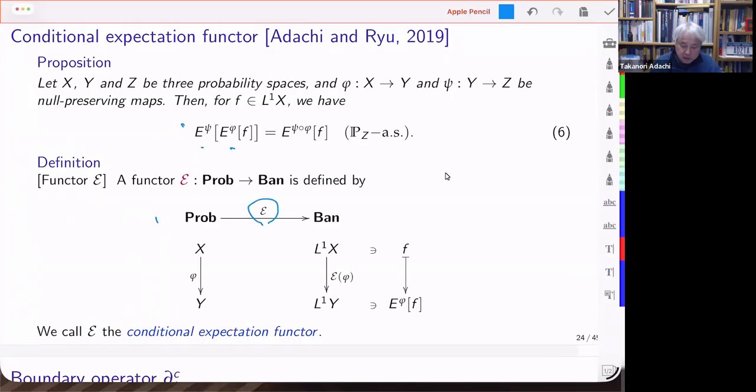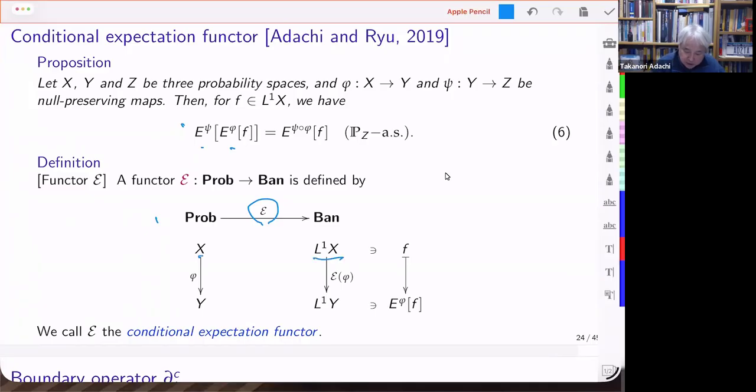So we can define the functor E, which goes from the category of probability spaces to the category of Banach spaces, which correspond to all the random variables defined on that probability space.